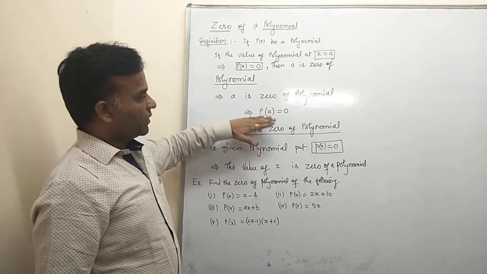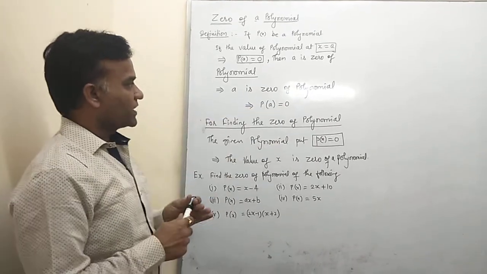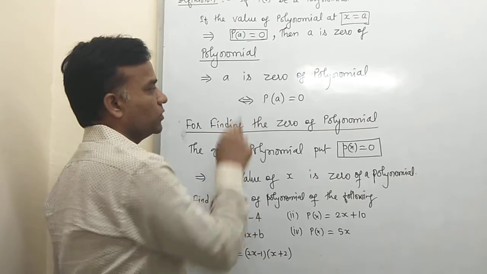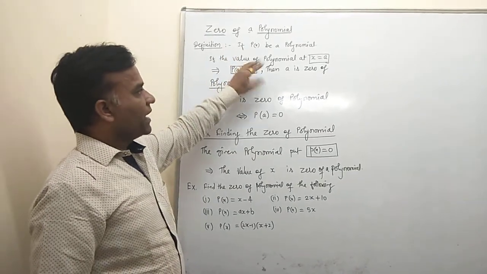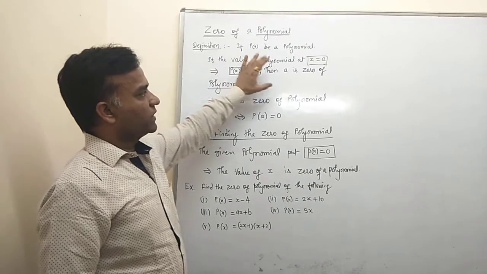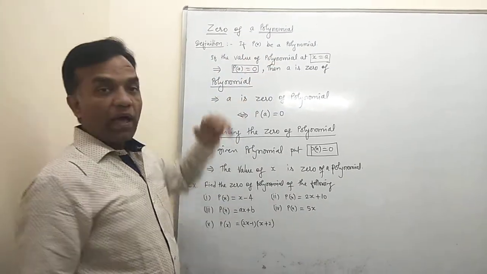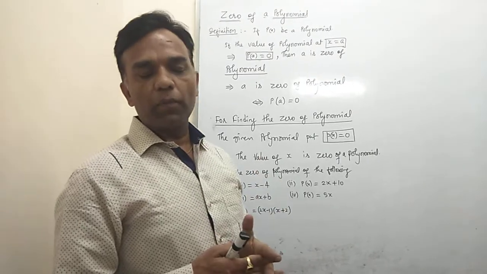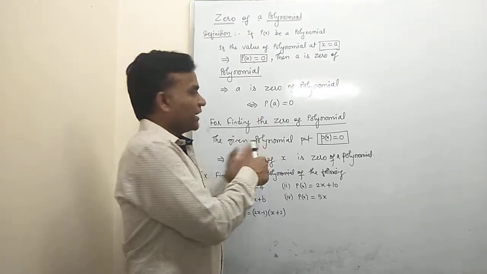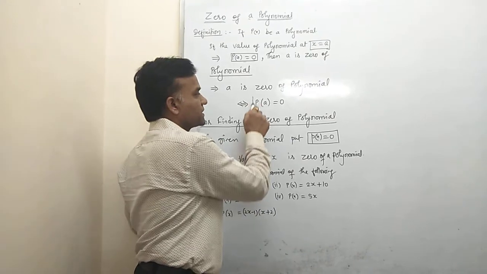A is a zero of the polynomial means p of a equal to 0, and vice versa. So there are two cases here: if a particular value is given and the whole polynomial becomes 0, then a is the zero of the polynomial, and when we know that a particular value is a zero of the polynomial, then after putting that value the whole polynomial is 0.